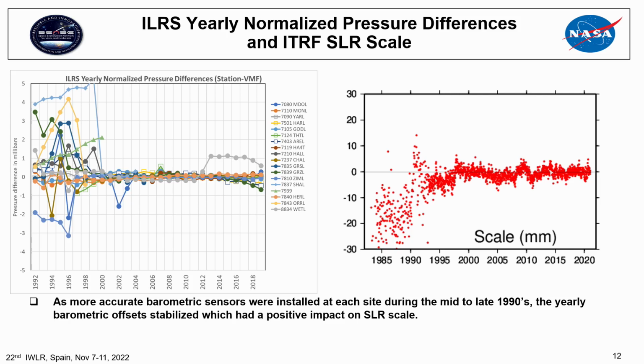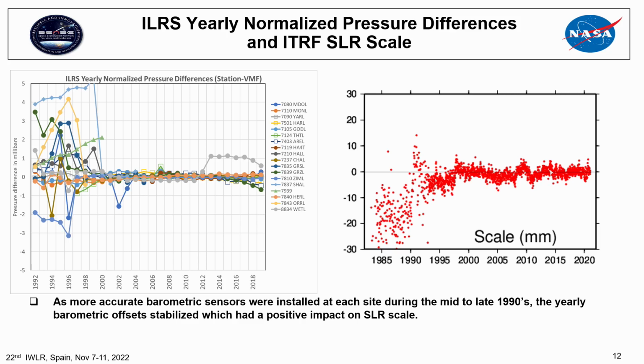So on this chart, I normalized these pressure differences after removing some systematic differences between the stations and plotted by year the mean bias between the VMF and the station barometers versus time. And these are the different stations. These are some of the high performing stations, some of the core stations used in ITRF 2020.